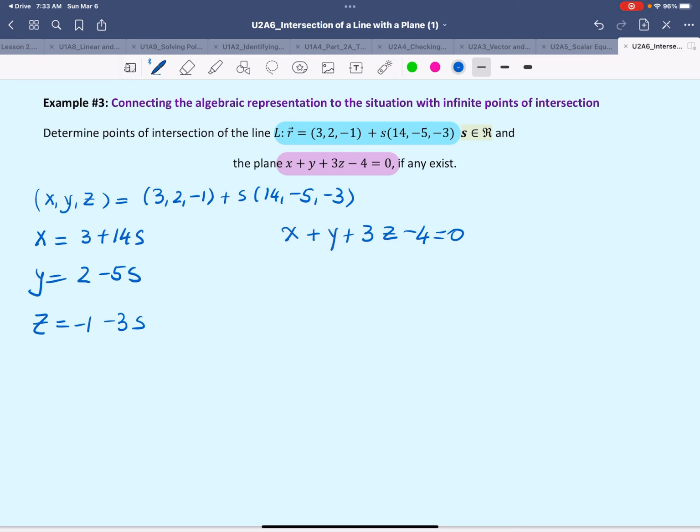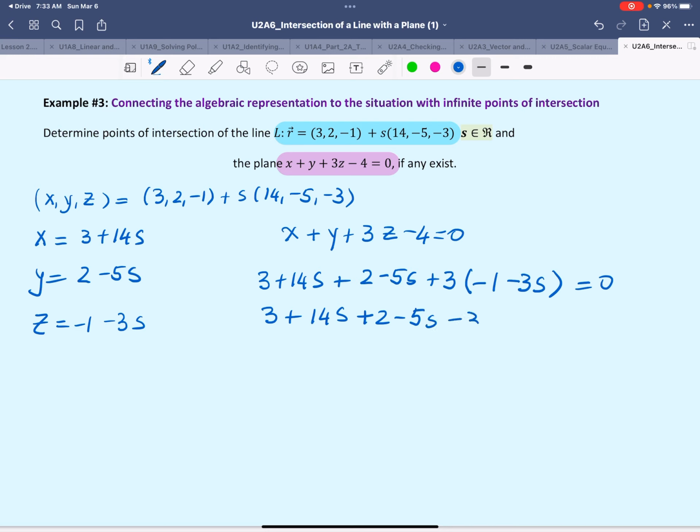And then we'll have for x 3 plus 14s, for y 2 minus 5s, and then we have 3z, so 3 times (-1 - 3s), minus 4 equals 0. So let's simplify. Minus 3 plus 9s equals 0.